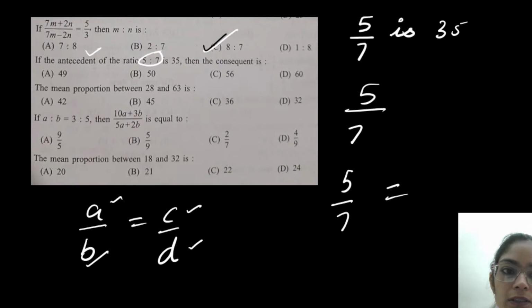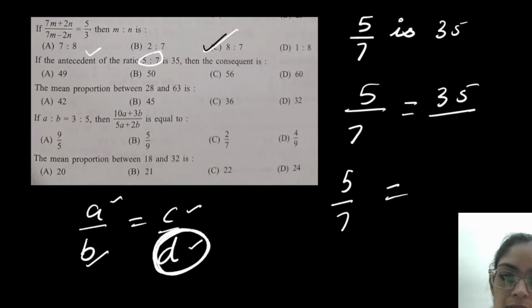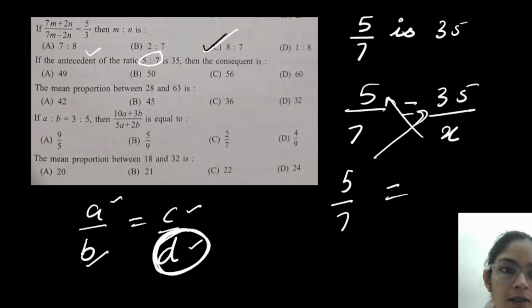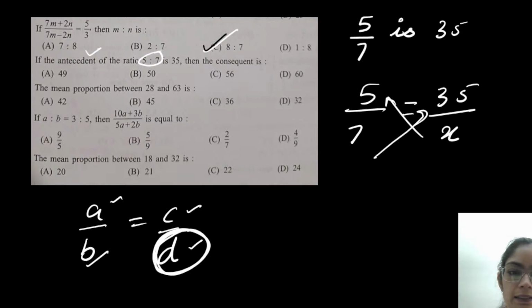So they have mentioned of this fraction, of this ratio, we can say antecedent is 35. We have to find its consequent. So that means this D we have to find. So that we just assumed as X, then we just solved it like a normal linear equation. So is it clear now? Yatin, is your doubt clear now?